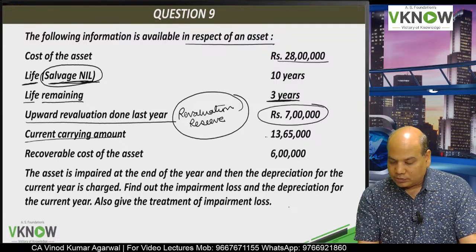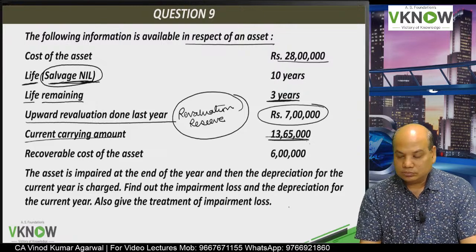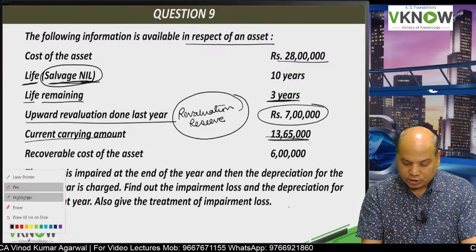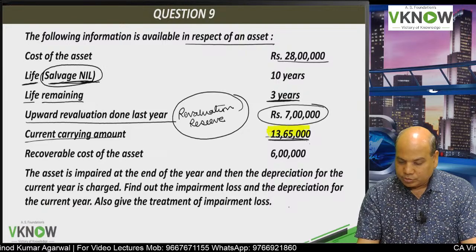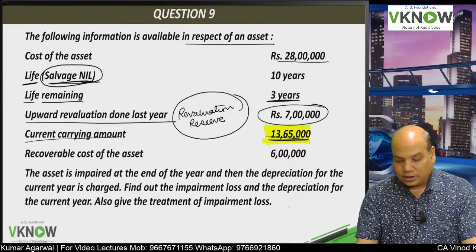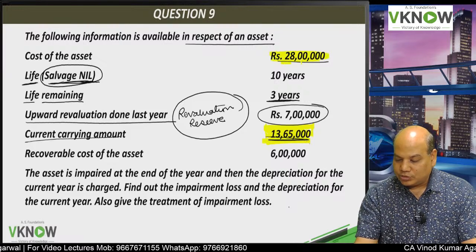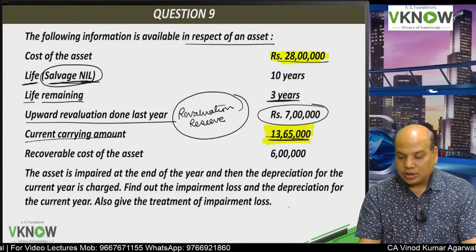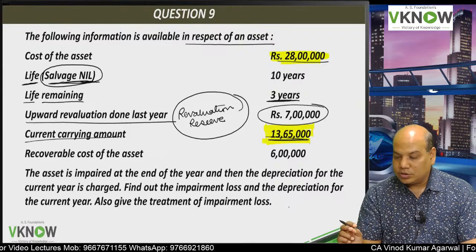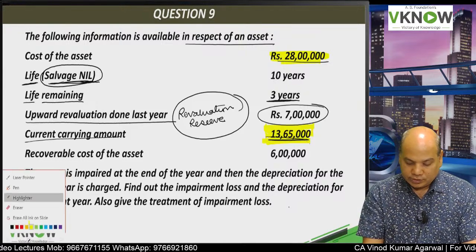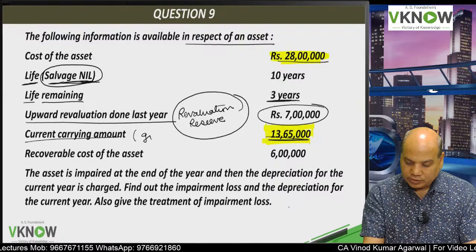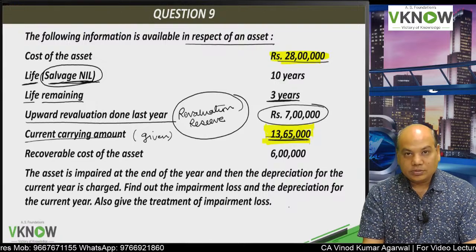Current carrying amount is 13 lakh 50,000. How they have computed, I don't know, but they have computed. So I will take the current carrying amount. Do not try to calculate yourself because the carrying amount is given. If it is given, please use it.